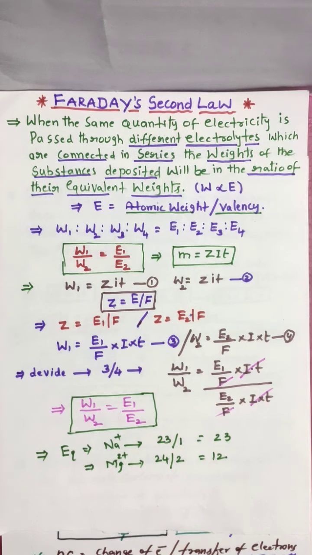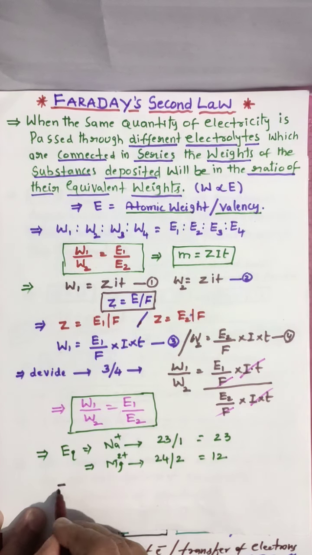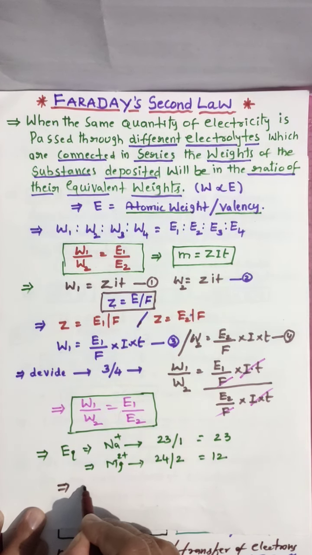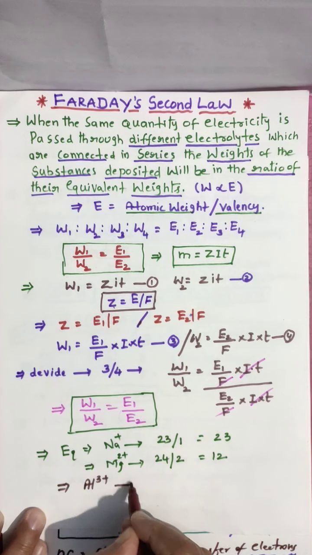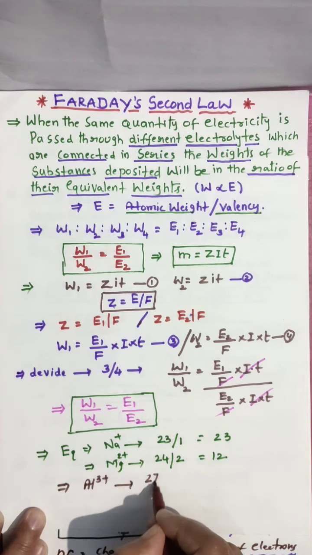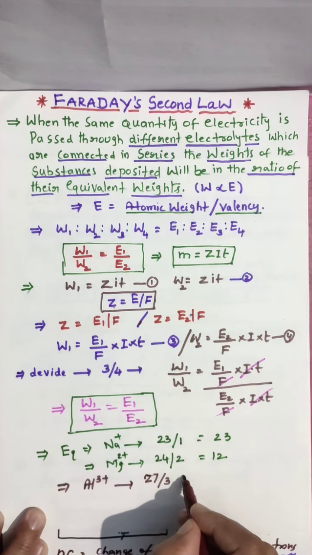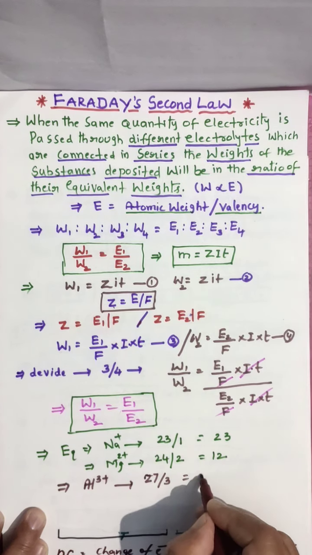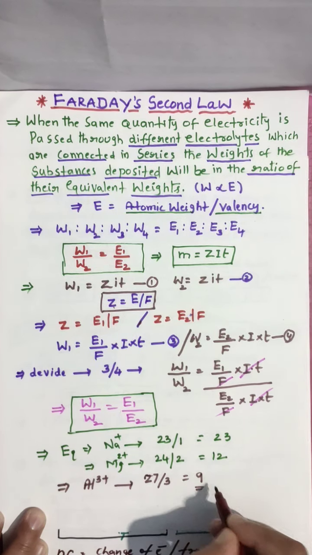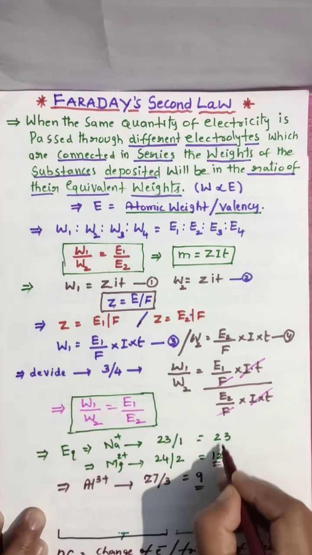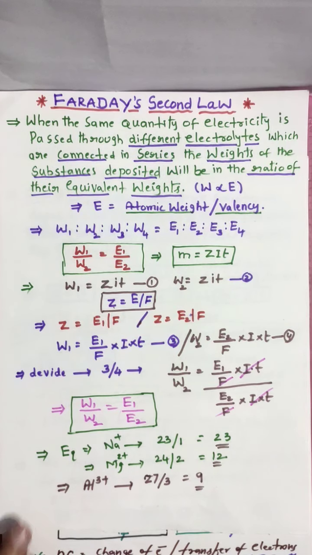You know valency. Go for aluminum, for example. Take the equivalent weight of aluminum. Al3 plus, atomic weight 27, valency 3. So 27 by 3 is nothing but 9. So equivalent weight is 9. So equivalent weight depends on the atomic weight and the valency.